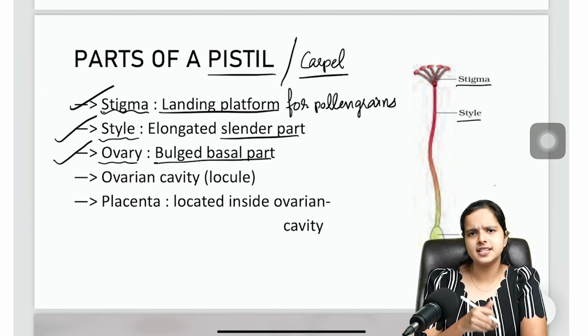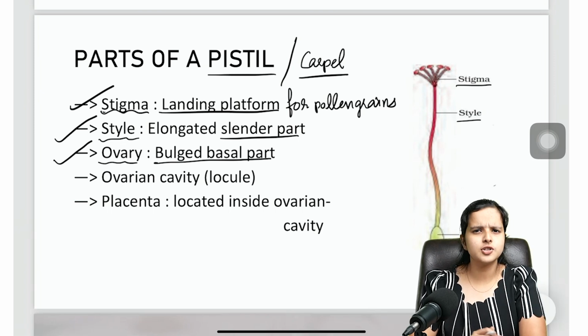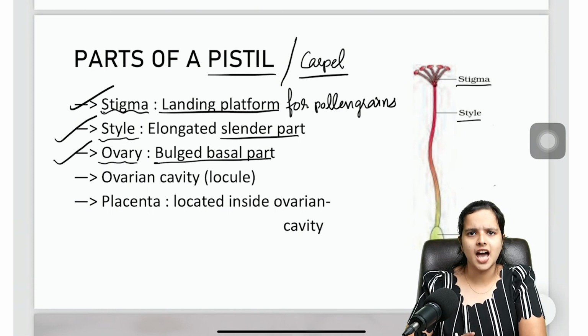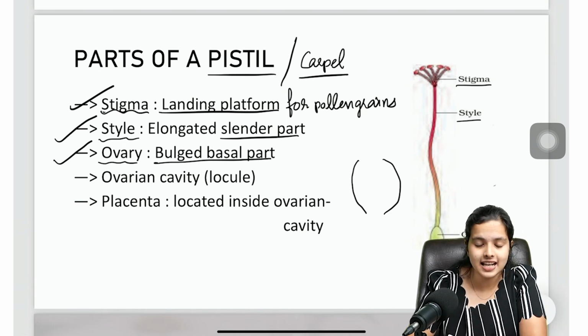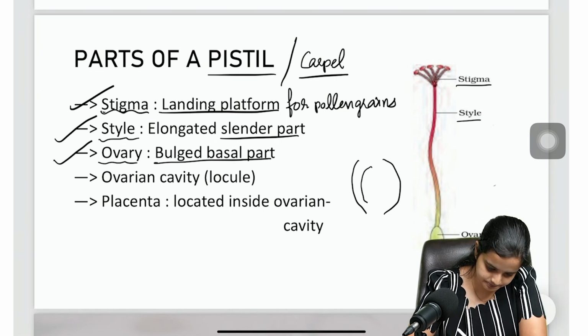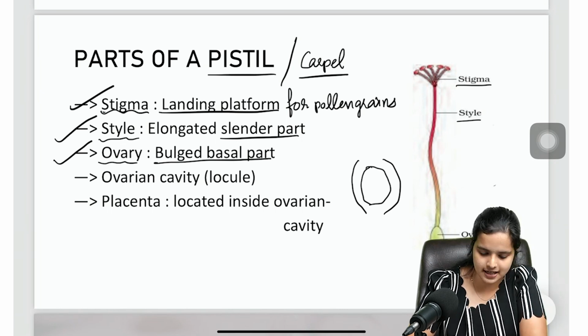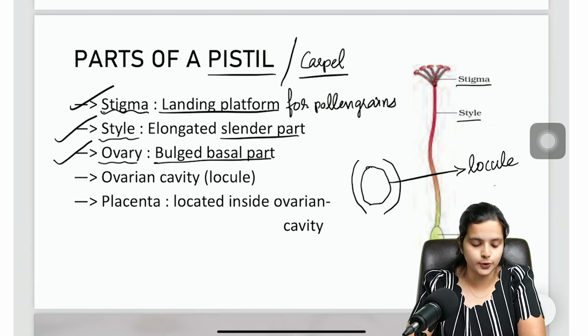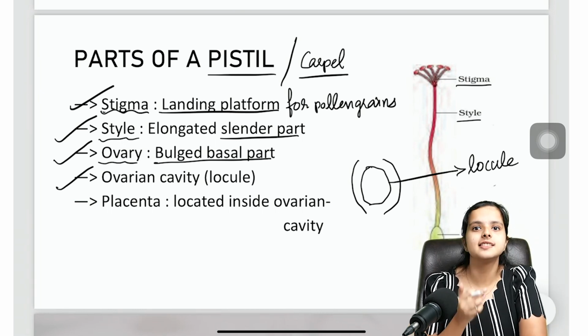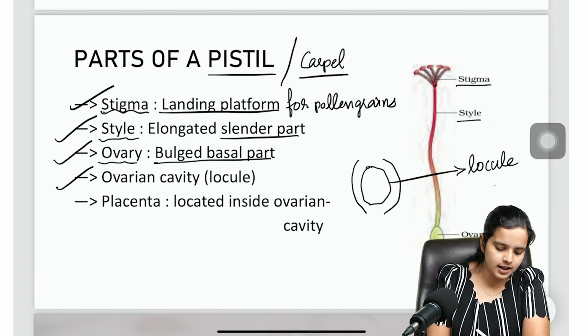Inside this ovary is a blank space. What do you usually call a space? You can call it a cavity, right? So you have the ovary over here, and inside the ovary you will have a cavity. And this cavity or the space is called the locule. So the ovarian cavity, or the space inside the ovary, is simply called the locule.